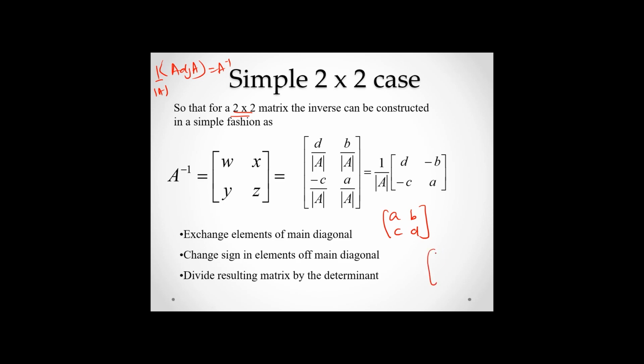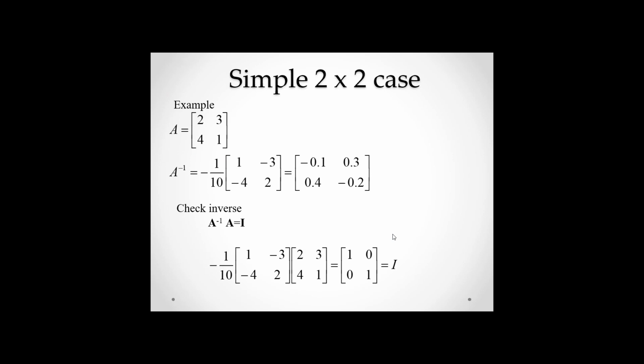Adjoint will be what? Reversal, D and A here, minus C, minus B here. And if I divide by the determinant of A, the result that we are going to get will be called A inverse. Okay. So the shortcut says simply exchange the elements of the main diagonal, change the sign of the other elements and divide by the determinant.